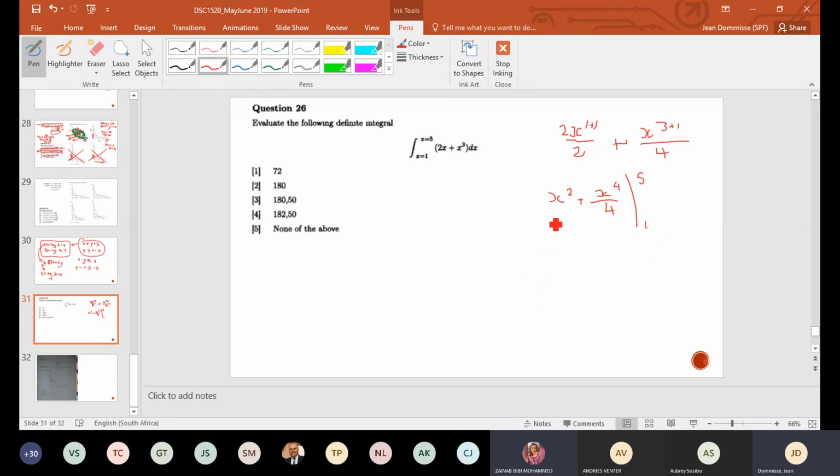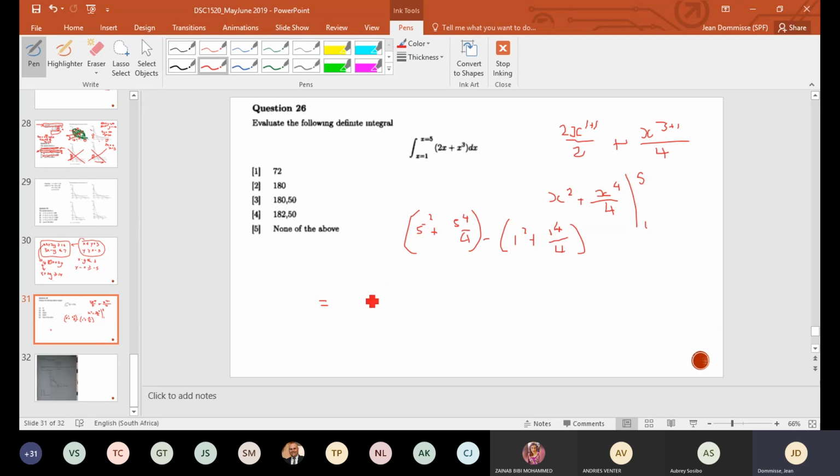and then that's your answer. Okay, so you basically say 5 to the power of 2 plus 5 to the power of 4 divided by 4, and you subtract 1 to the power of 2 plus 1 to the power of 4 divided by 4. Something like that.